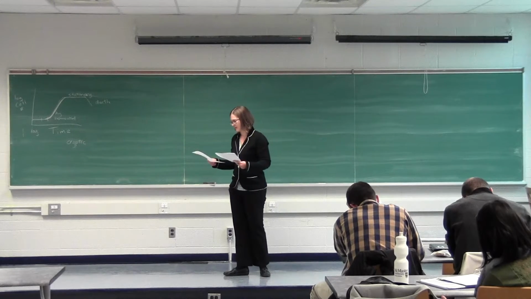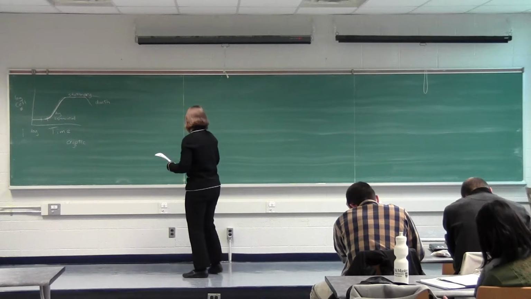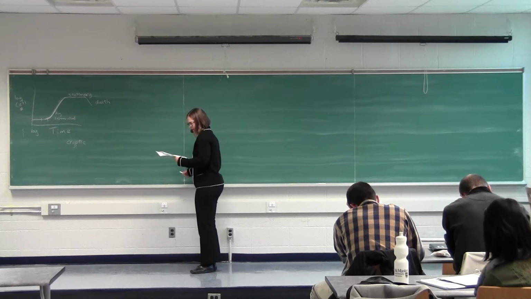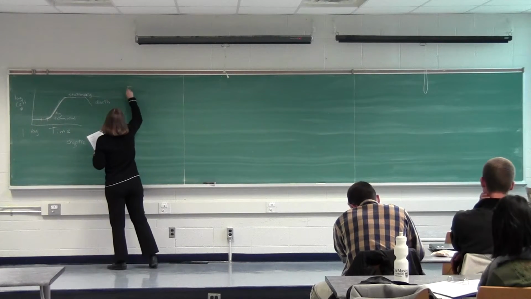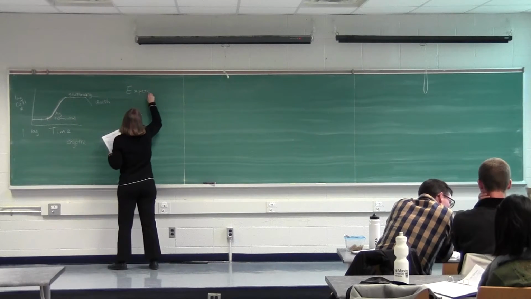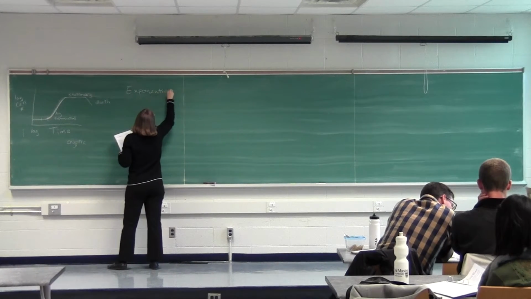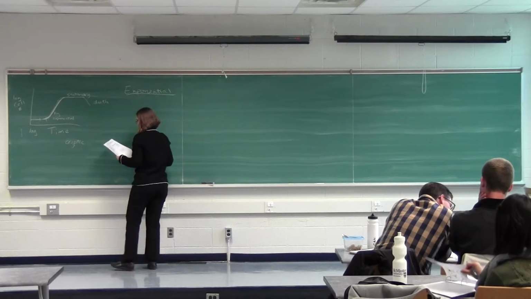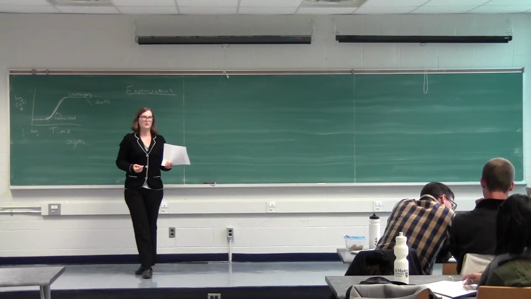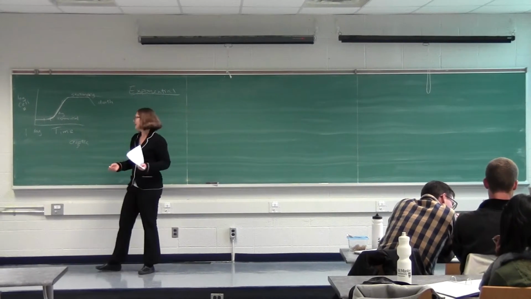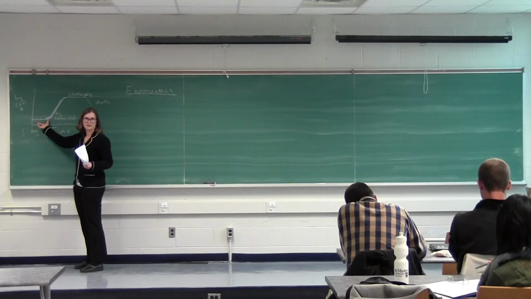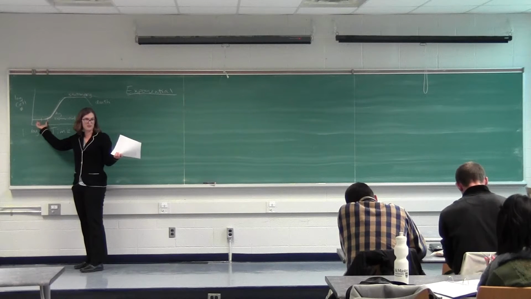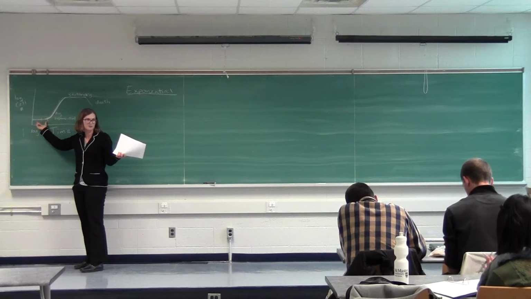Okay, so let's put a little bit of math to this. We kind of did this before. In the exponential phase, it's actually easiest to do your math. The lag phase is really hard to predict the time, but it's really easy to predict your cell growth because it's 0.